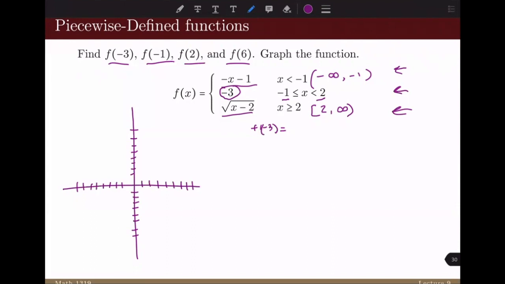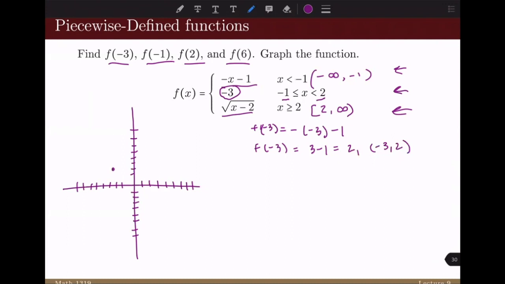So we're going to use negative x minus 1. So we get negative of negative 3 minus 1. That means f of negative 3 is equal to positive 3 minus 1, which is 2. So then I can write my point, negative 3 comma 2. So I'm going to go left 3, up 2.